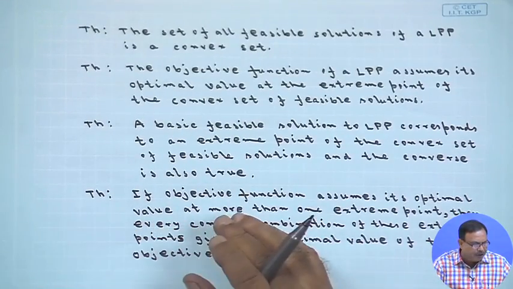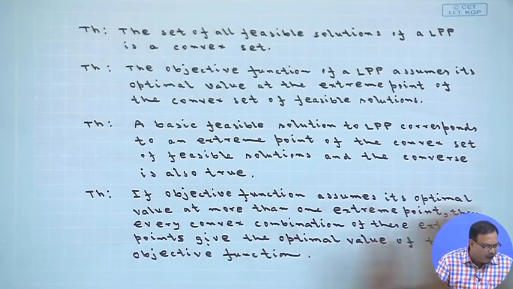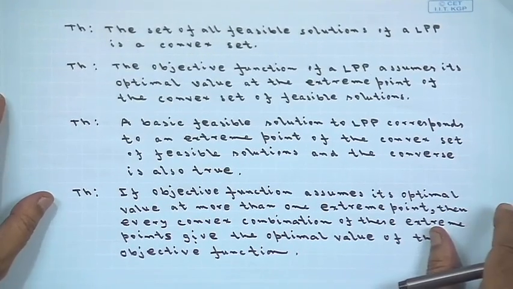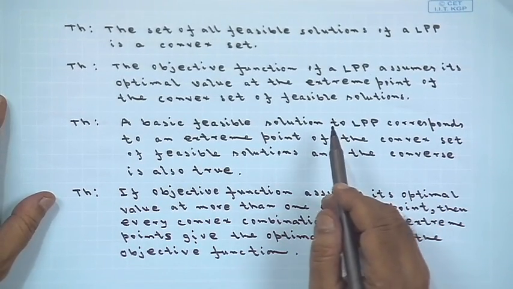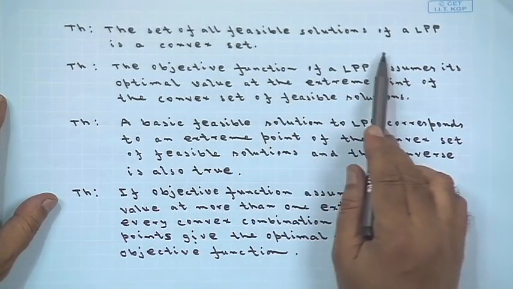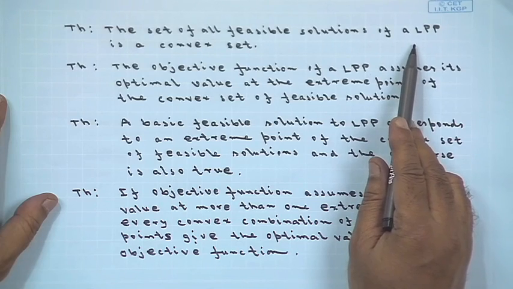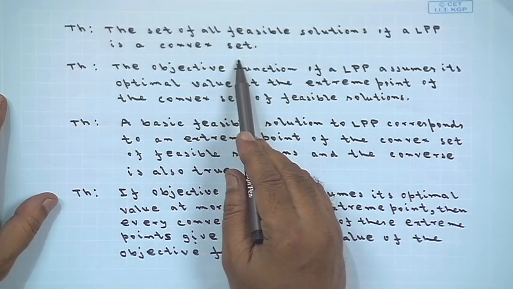Some other related theorems are also there. Number 1, the set of all feasible solutions of an LPP is a convex set.